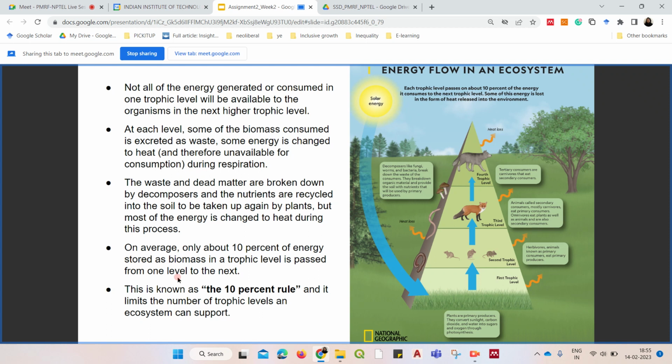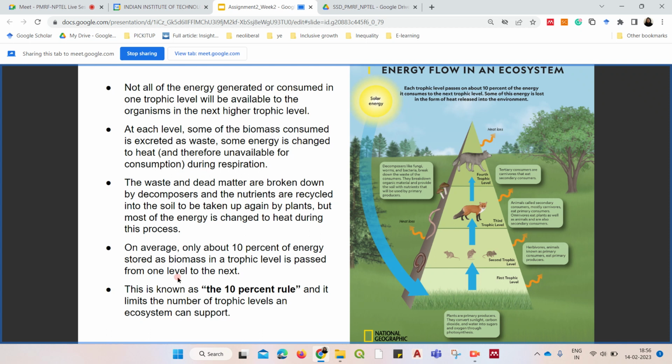A lot of the energy that is transferred is also converted into heat during the process of respiration, and because of that it is unavailable for the next trophic level.